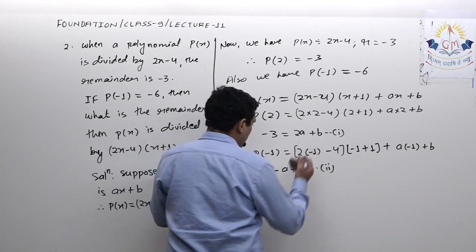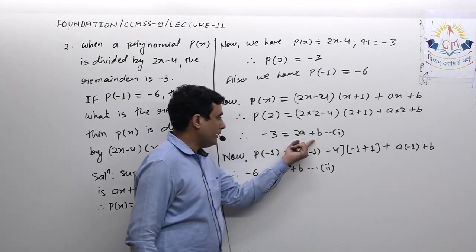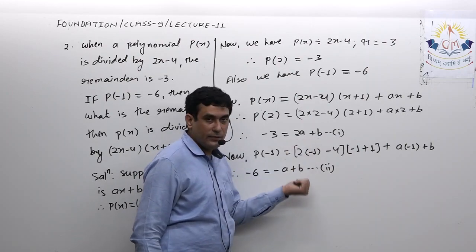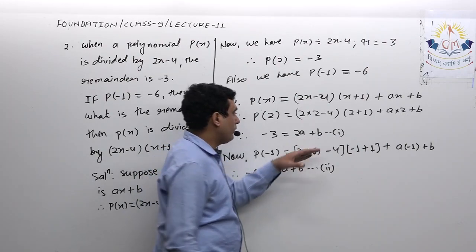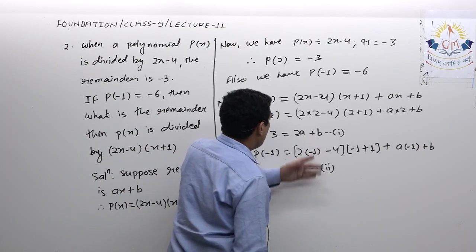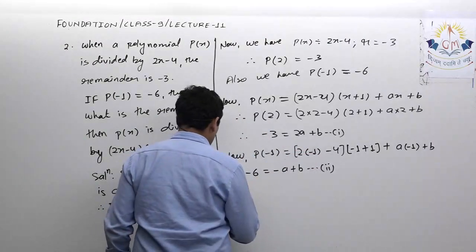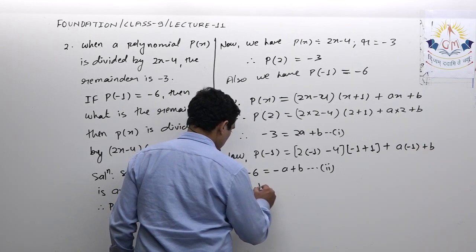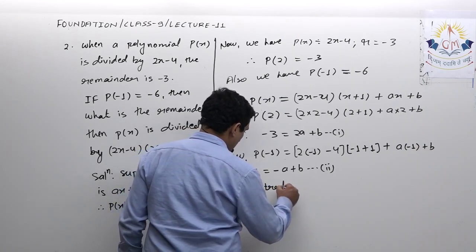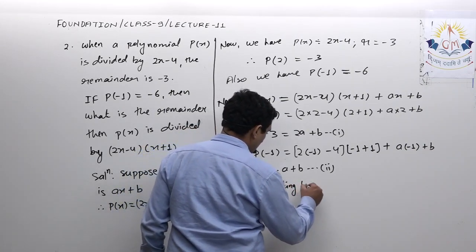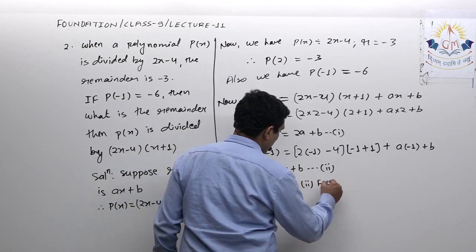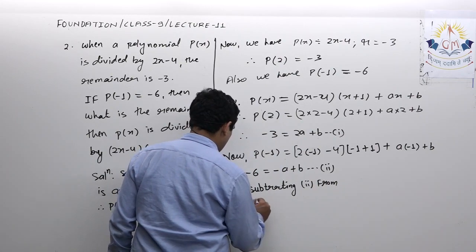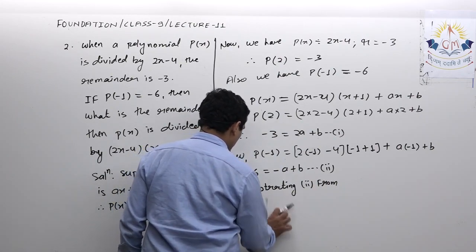This time I will subtract, because here it is positive b and here again it is positive b, so on subtraction it will be easy to cancel the b. So I will subtract the second from the first.